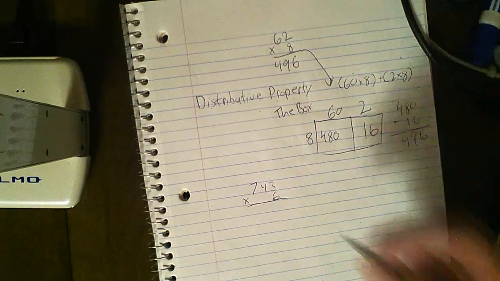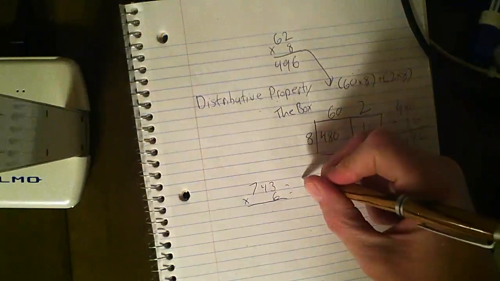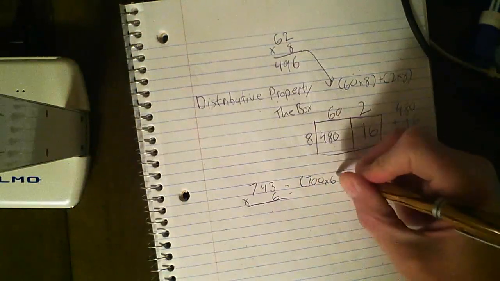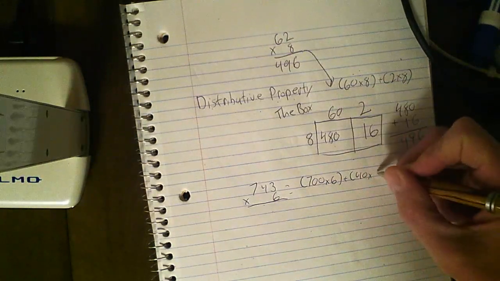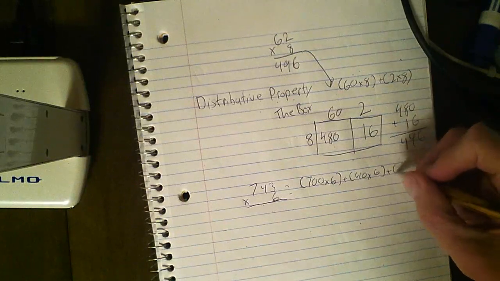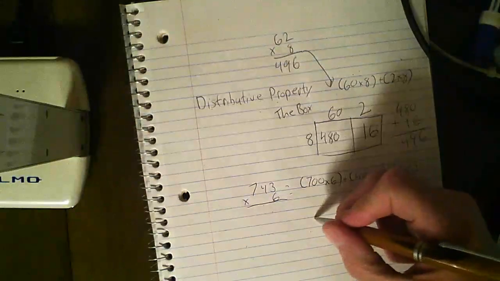743 times 6. Well, first of all, let's take the 743 and let's distribute it, right? Let's split it up. 700 times 6 plus 40 times 6 plus 3 times 6. And then let's set up our area model.